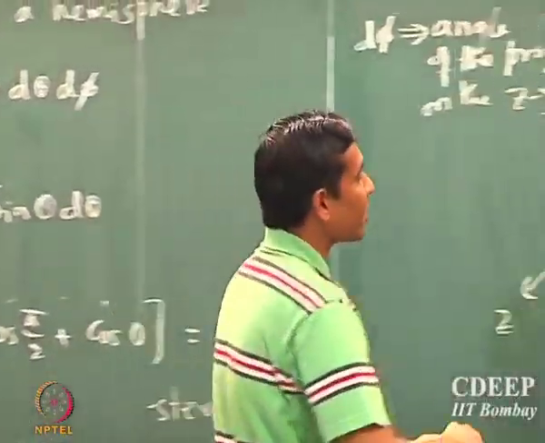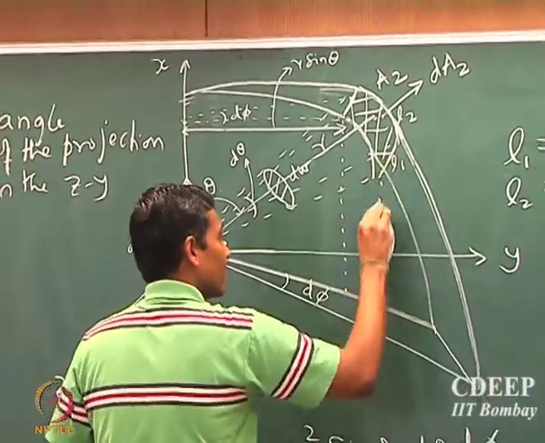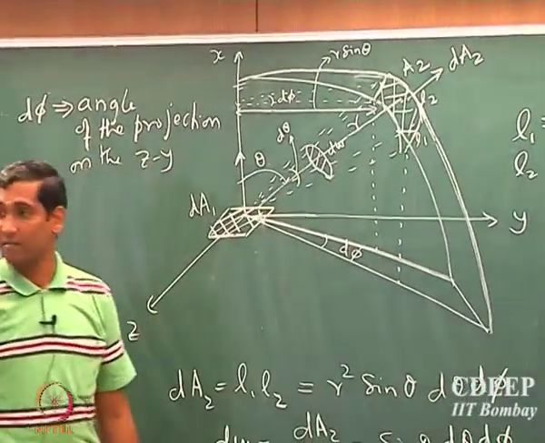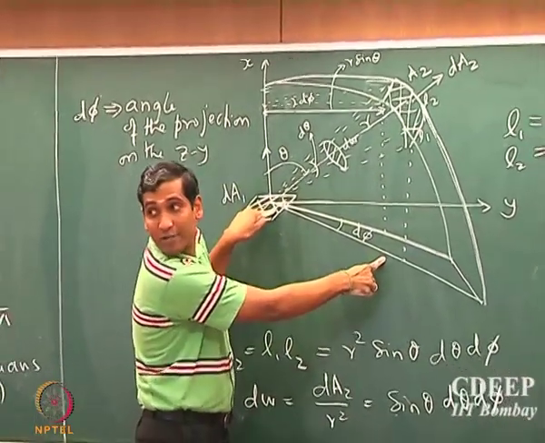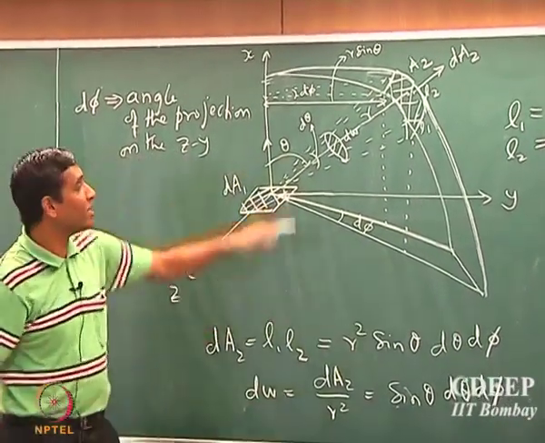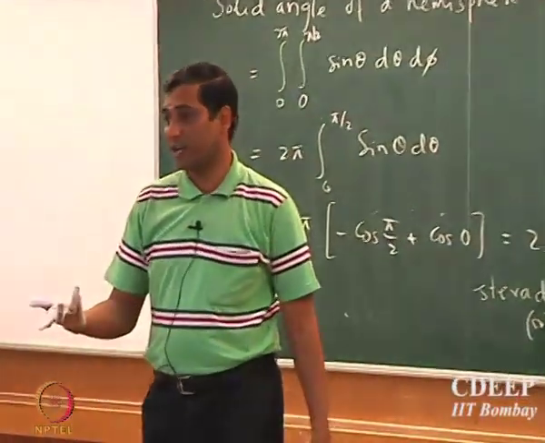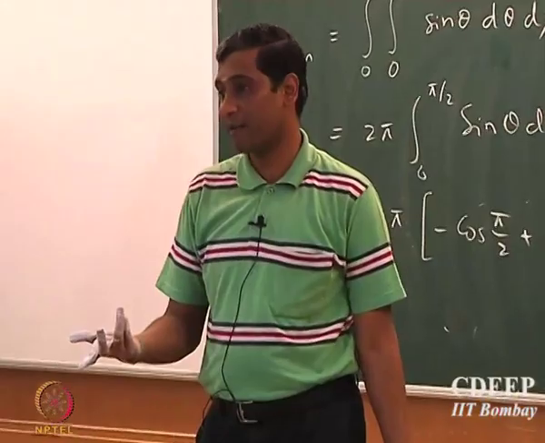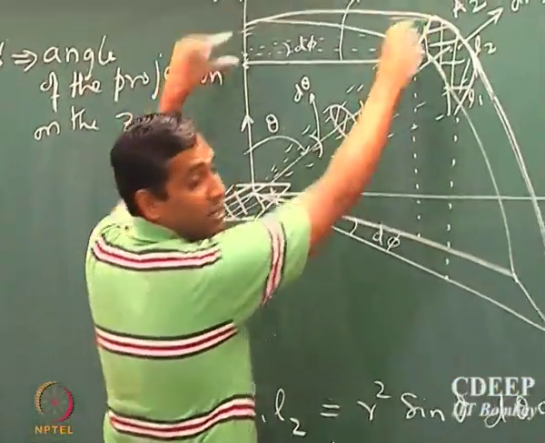If I write my projection here, I can always do that, right? This distance is actually equal to this distance on the projection. I have just represented this projection so that it is easy to understand that the length of the arc is r sin theta d phi. All I have done is take this projection and represent it here, that's all.